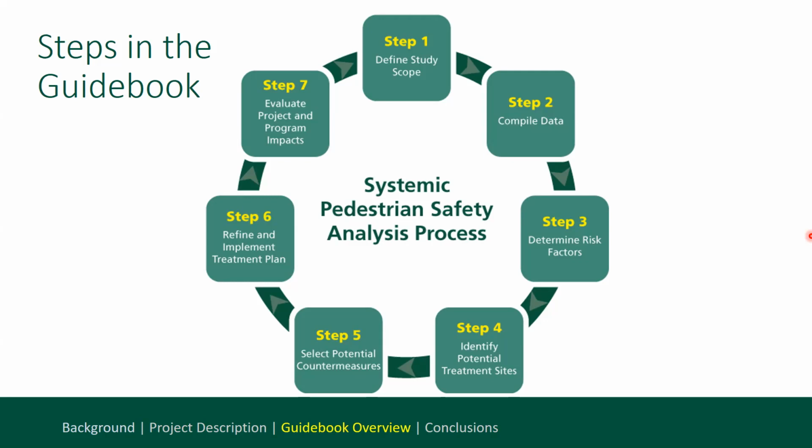And then you refine and implement the treatment plan. So step 6 is where you'll need the money. And then step 7 is you evaluate the program impact. And then you do this for some other pedestrian issue that you notice. So basically it's a cyclical process whereby you can analyze, implement, and then evaluate.